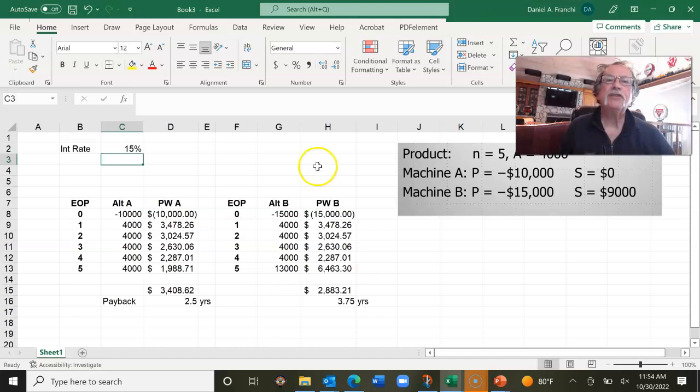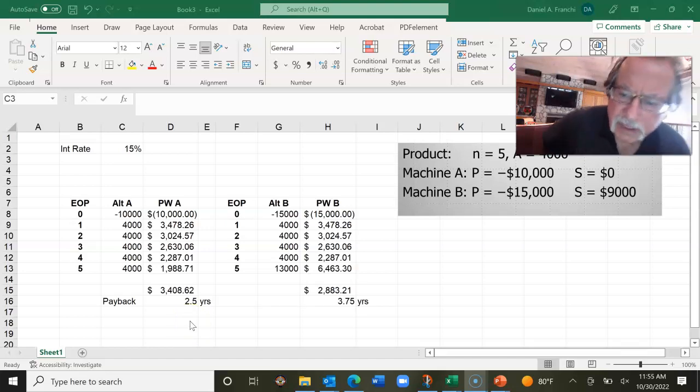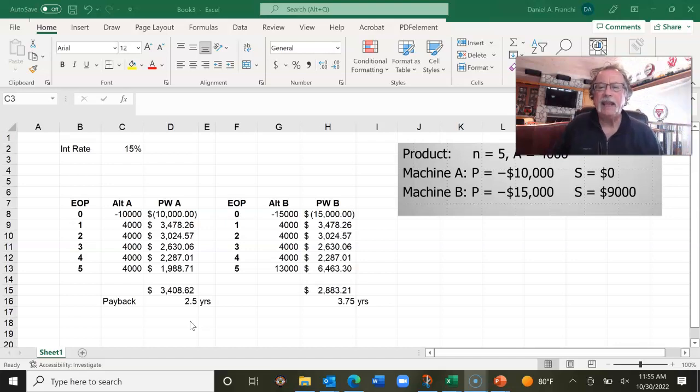So an interesting question to ask would be, what is the minimum interest rate for alternative A to be better than alternative B, both on a payback period and on a present worth basis?